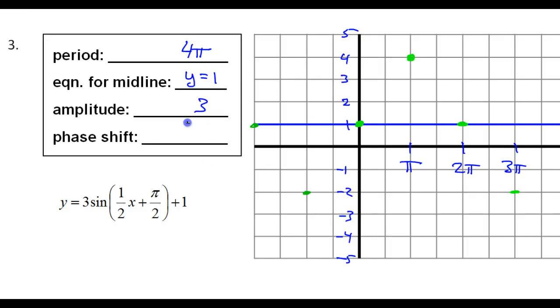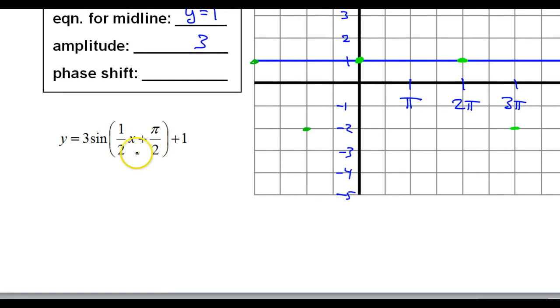But now let's talk about that phase shift, that pesky phase shift. The phase shift is going to come from this part of the graph, the part that's 1/2 x plus pi over 2. Pi over 2 is not the phase shift. We don't get the phase shift until we factor out this coefficient.